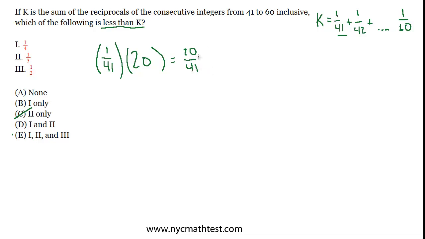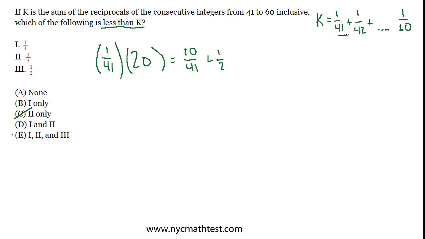20 over 41 overstates the value of k. K is actually not quite this big. K is smaller than this. But this is less than a half. And k is less than that. So if this is less than a half and k is less than this, then k must be less than a half. So a half cannot be less than k. Hopefully you followed that. So we're considering the extreme.